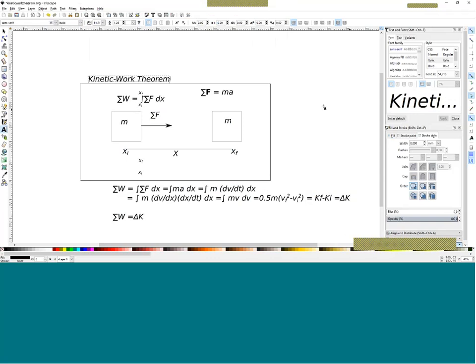It's commonly known as the work-kinetic energy theorem.